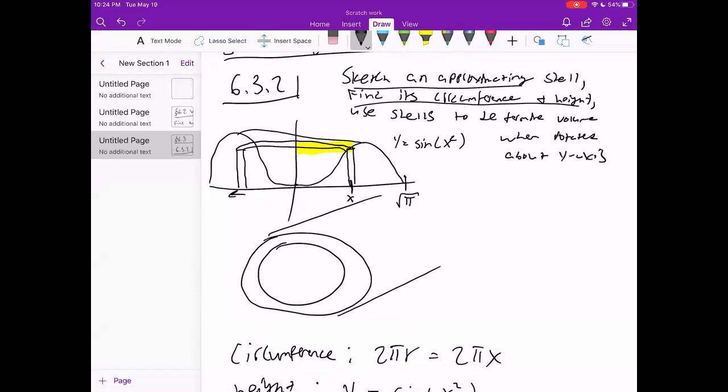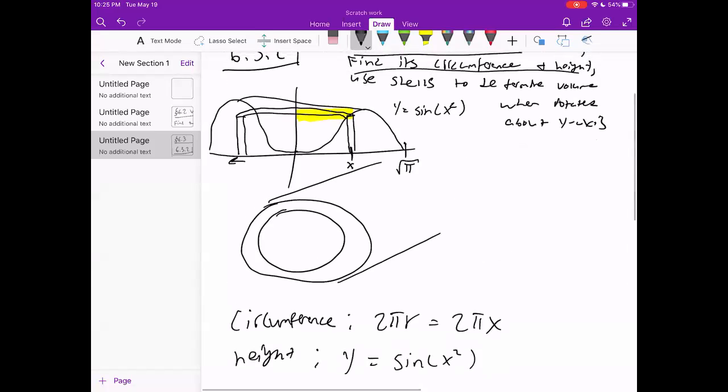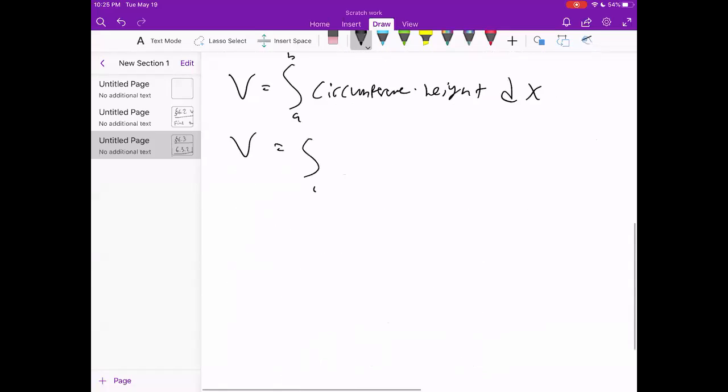Here it's going in the x direction, so this will be a dx, which makes things a little easier. Now think about the bounds. Where does x start and end? I'm only thinking of half of this thing. x starts at 0 and ends at the square root of pi. Since the circumference was 2 pi x, the height is sine of x squared dx.